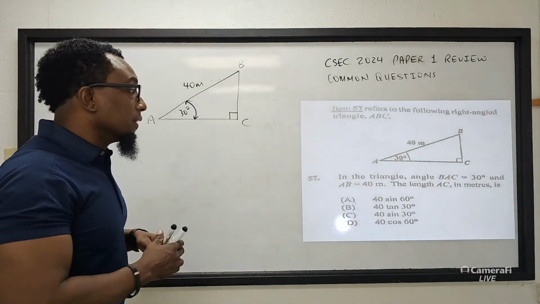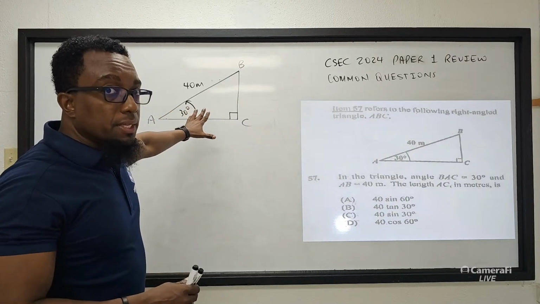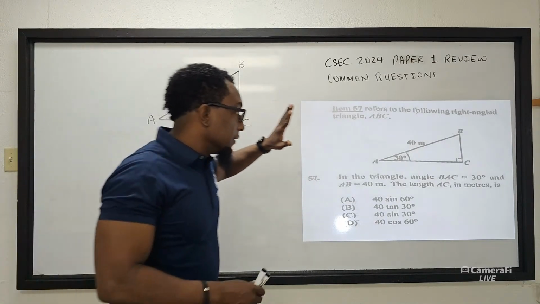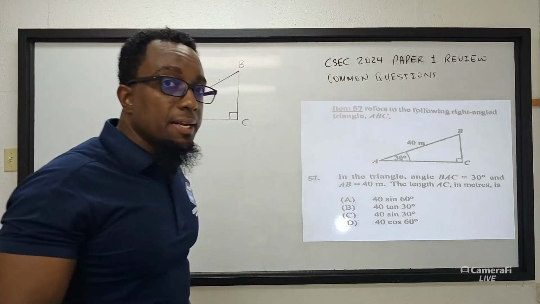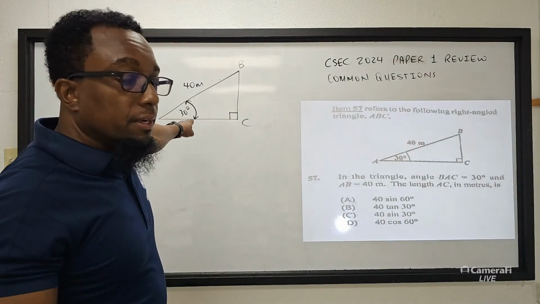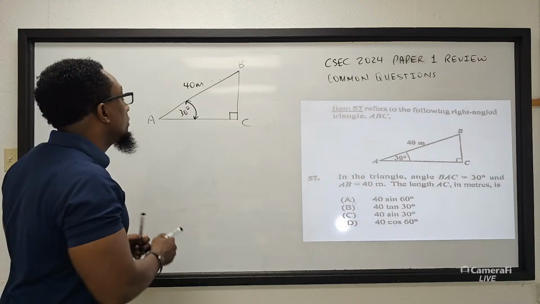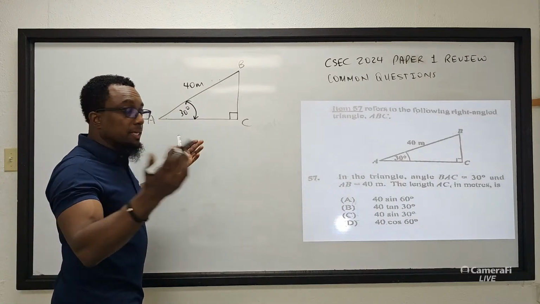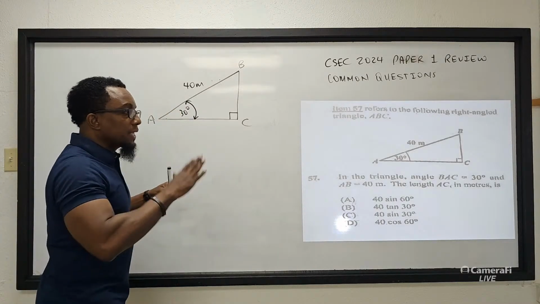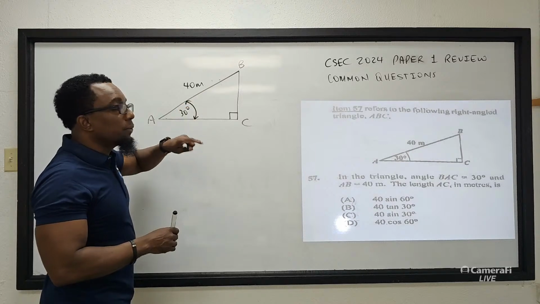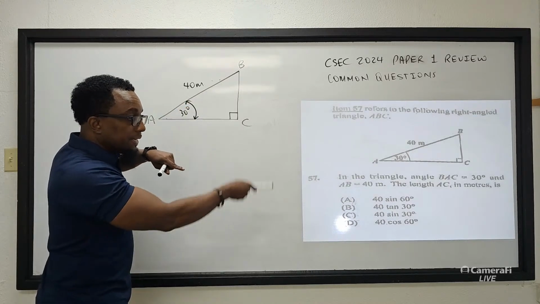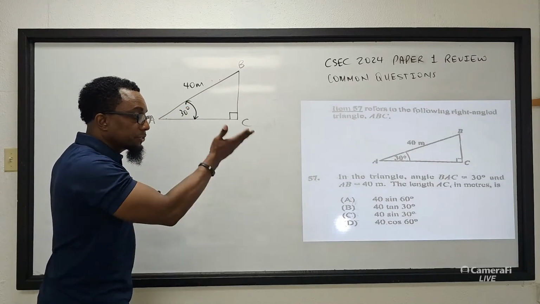We have to use this, because if you use this acute angle, you're going to see where those options, the answer you're going to get using that 30-degree angle to find AC will not be in any of the options. And I can show you why.